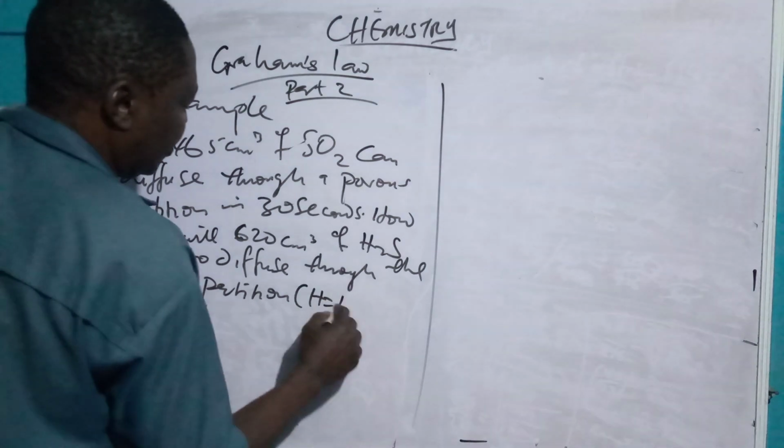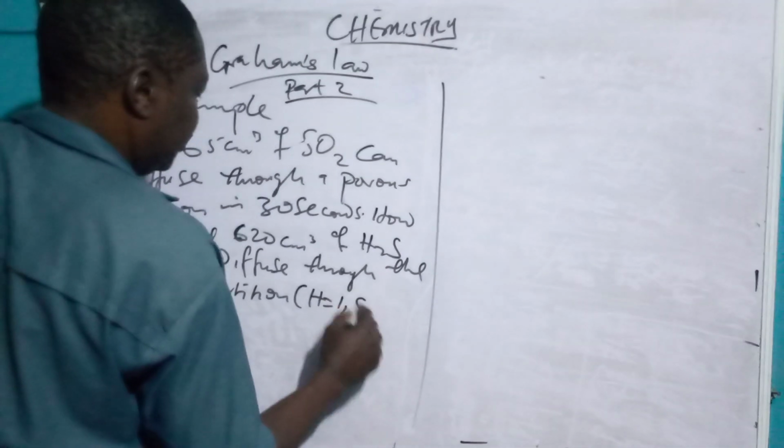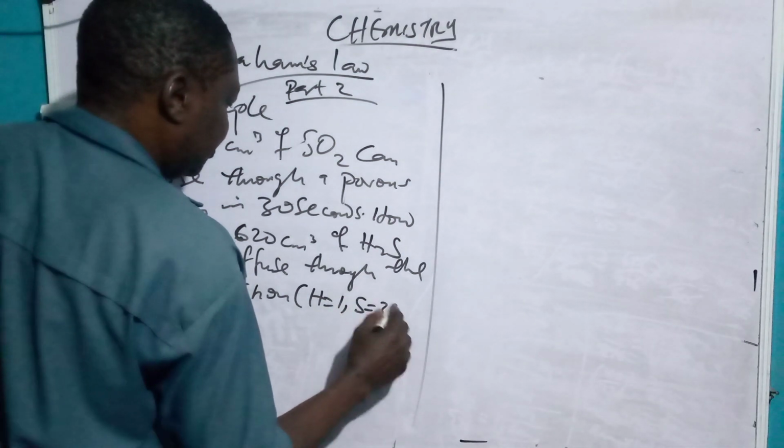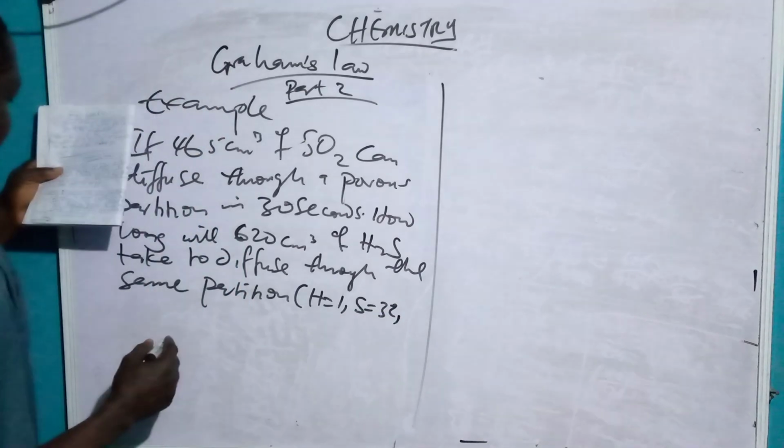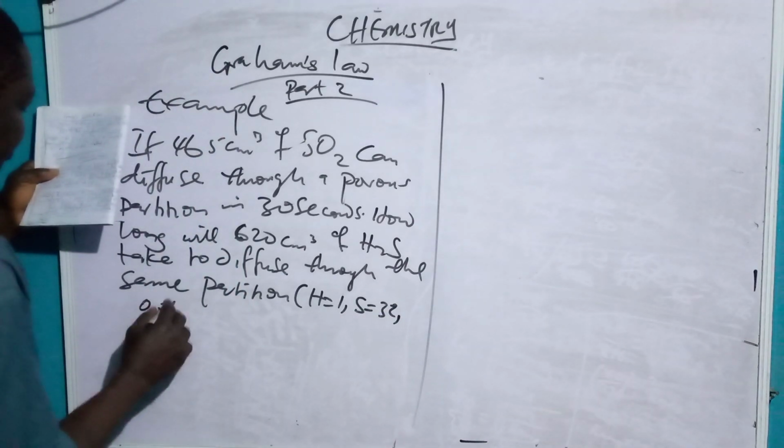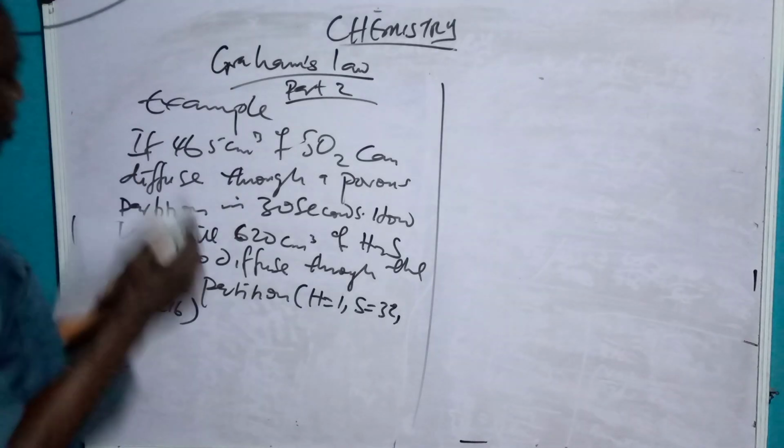We are given the atomic masses: hydrogen equals 1, sulfur 32, and oxygen is 16. So this is the question.